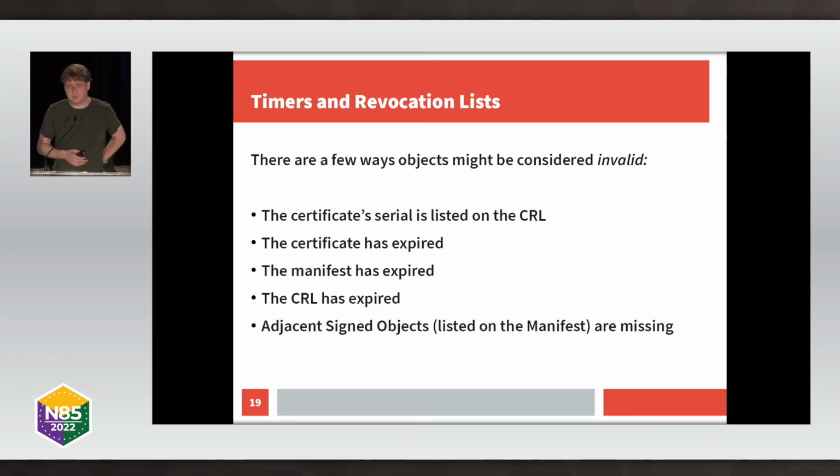What I want to cover is timers. If you contrast RPKI to IRR or WHOIS, IRR records do not have any expiration date. They are plain text blobs that can exist for decades on end. And this has happened on many occasions, especially in third-party databases.